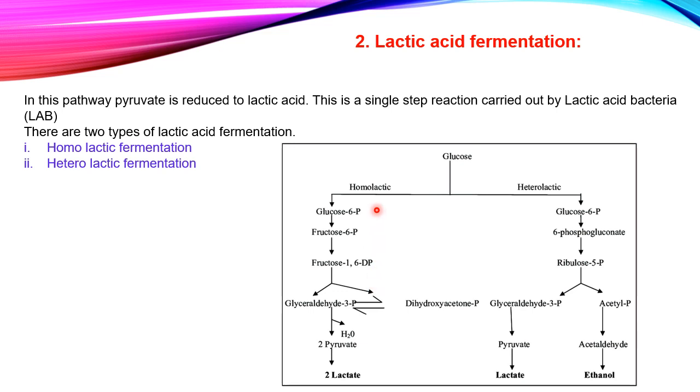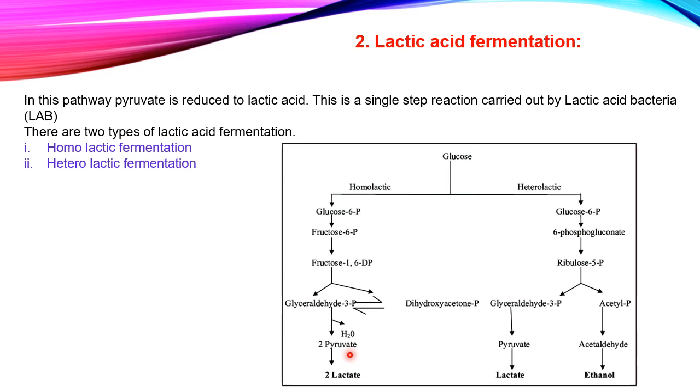Can you identify this pathway? What is happening here? This is nothing but our glycolysis pathway, where the glucose is converted into pyruvate. And now this pyruvate accepts hydrogen from the NADH, where NADH is oxidized to NAD+, in the presence of an enzyme called lactate dehydrogenase, which converts the pyruvate into lactate.